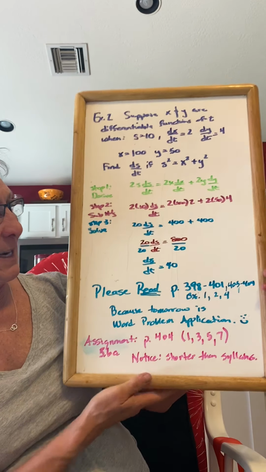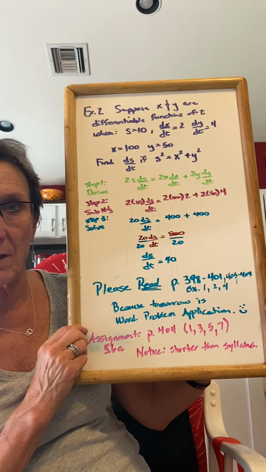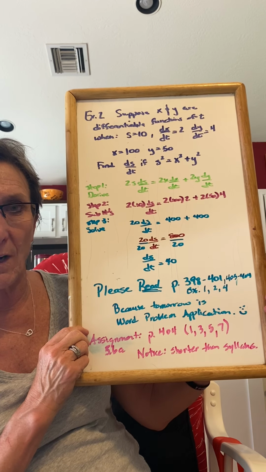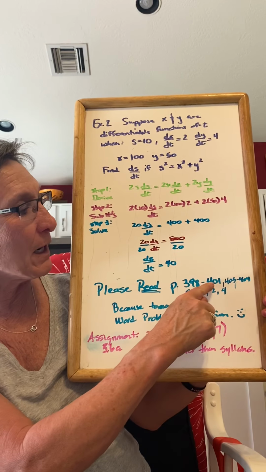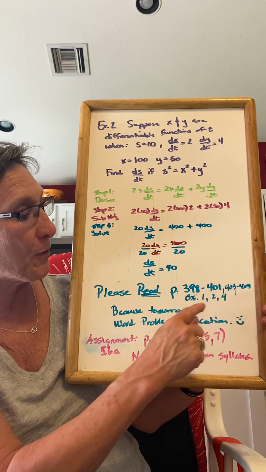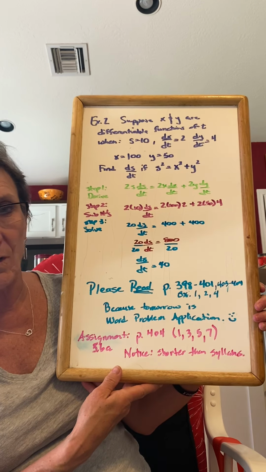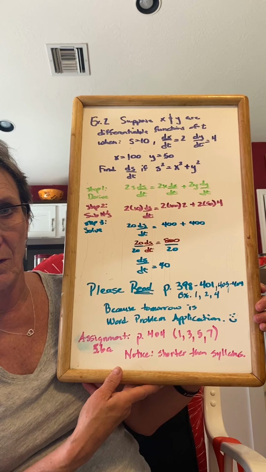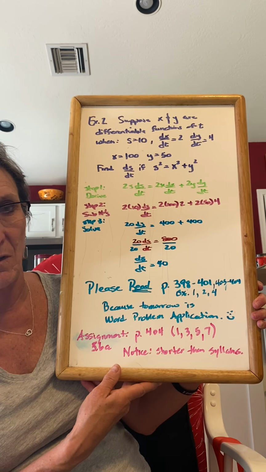All right, now, your assignment tonight. It's not exactly what's on the syllabus, so slow down, think twice, watch. You need to read page 398 to 401 and 403 to 404, examples 1, 2, and 4. Please read those, or else you'll be totally lost tomorrow.